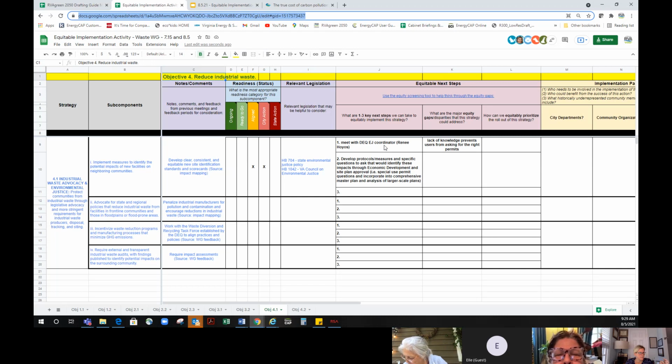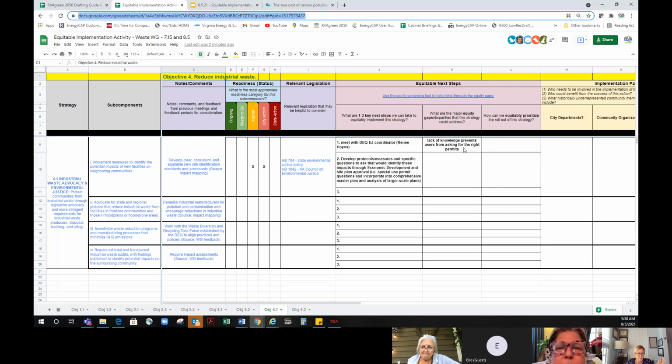So we're talking about meeting with the DEQ Environmental Justice Coordinator, developing protocols that would identify the impacts through economic development and site plan approval. There is an equity gap when it comes to the lack of knowledge, maybe from the new industrial sites.